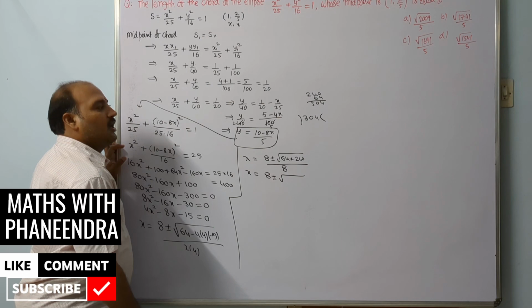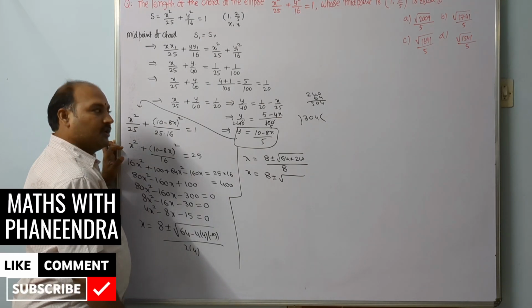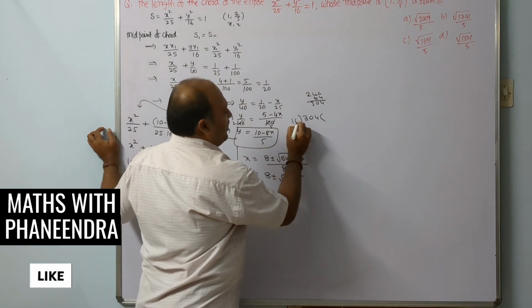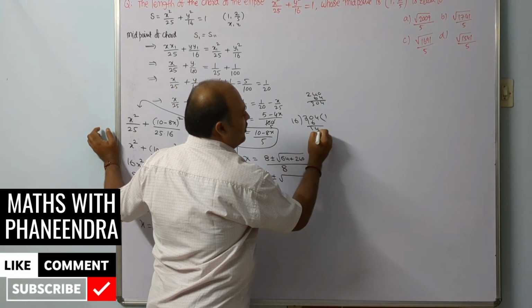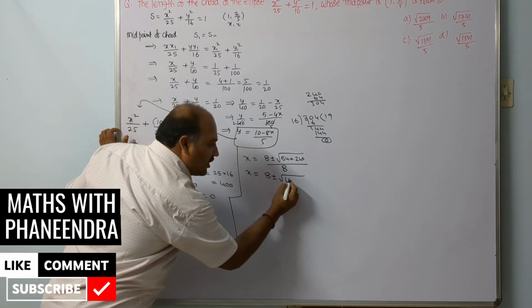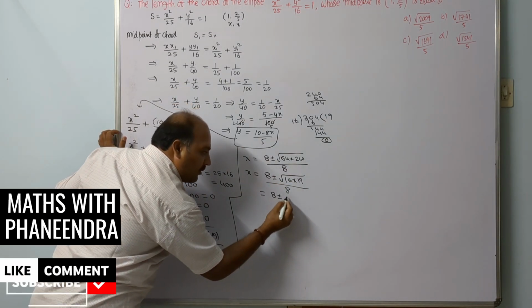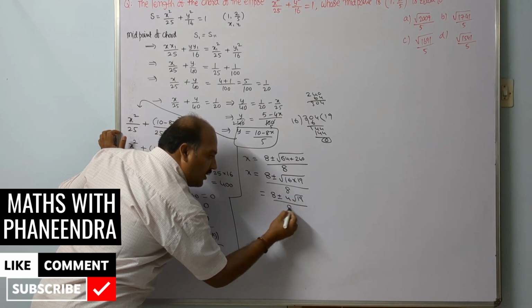I want multiples of 16. 16 into 19 is 304, since 16 9s are 144. So 16 will come outside of the root as 4, it will become 4 root 19 divided by 8.